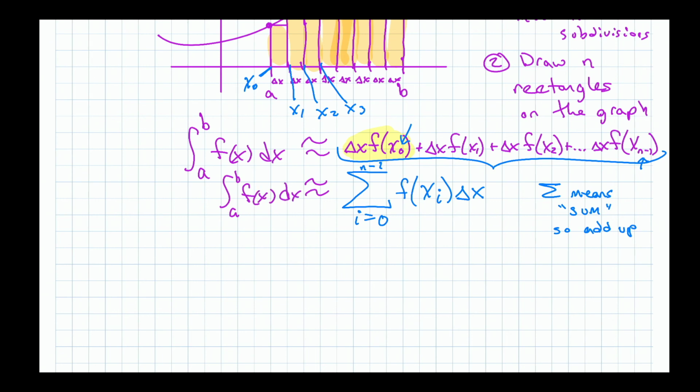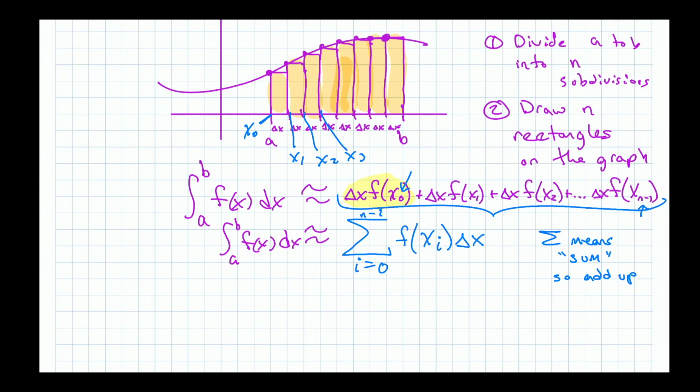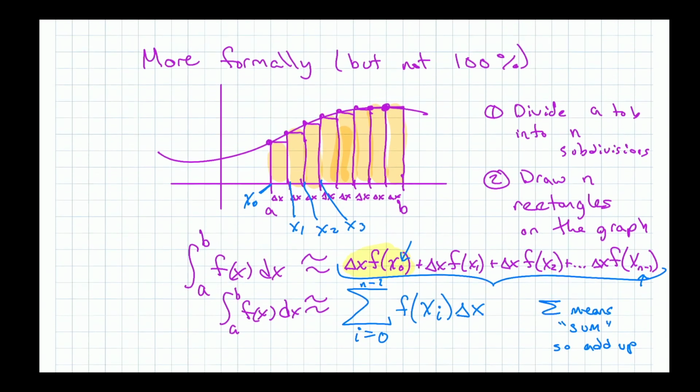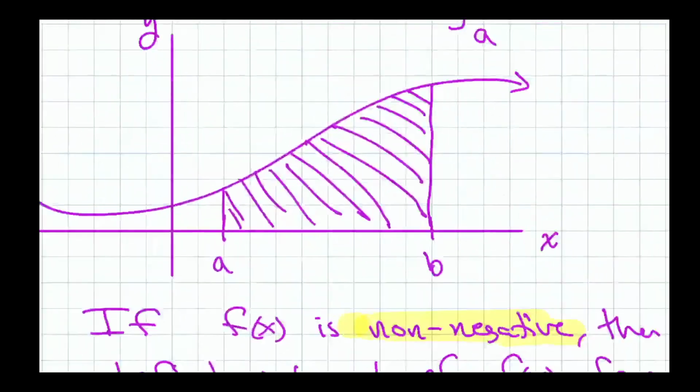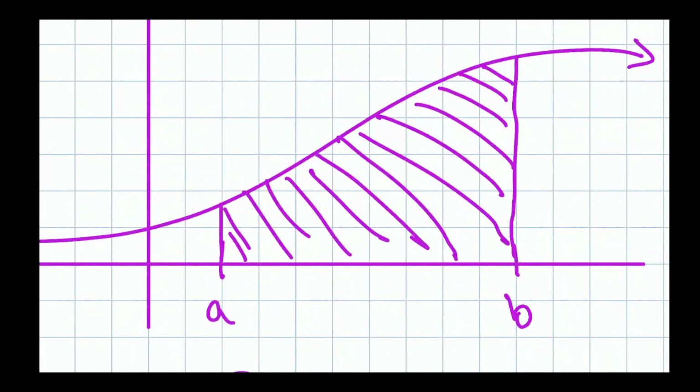Now, it's only approximate, right? The area of the rectangles that I drew on this picture is not actually going to be an area like this. If you draw a rectangle on here, the rectangle doesn't match up perfectly with the function, right? Of course it doesn't.